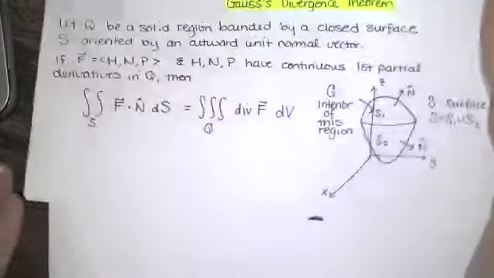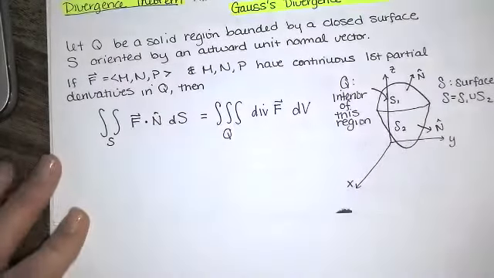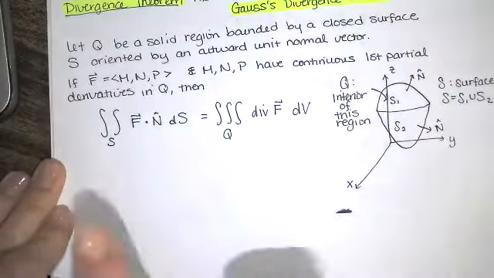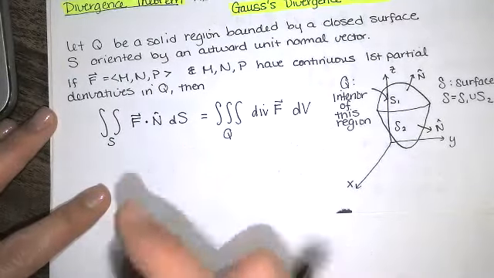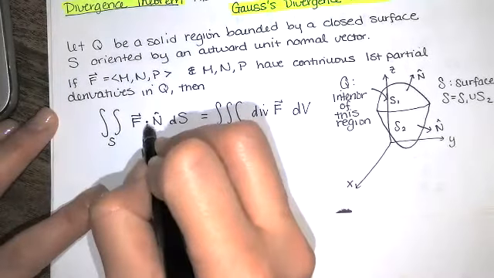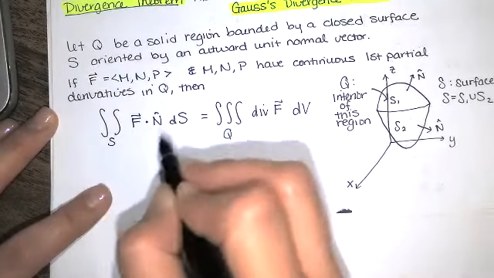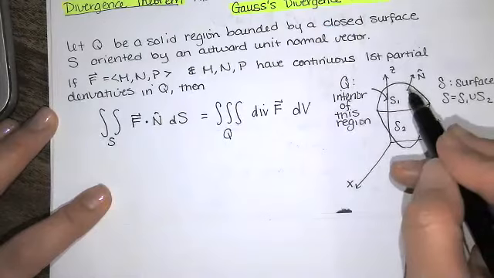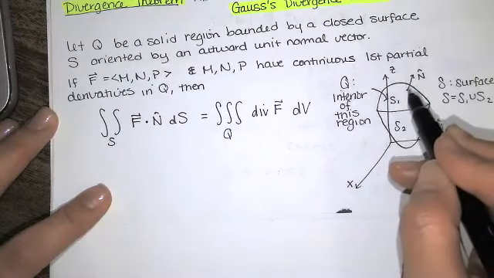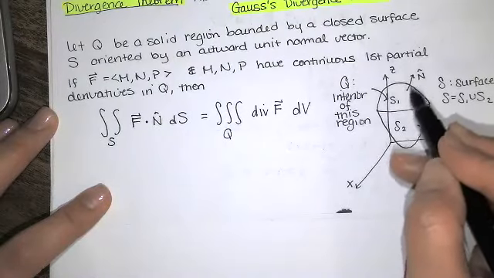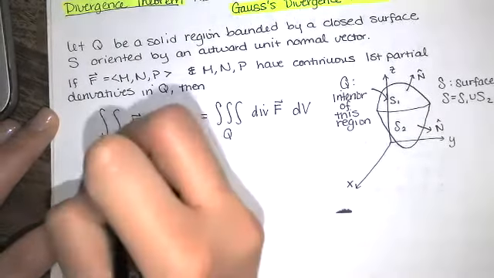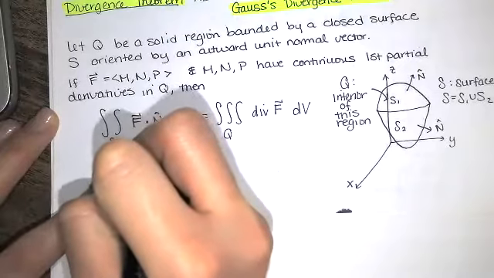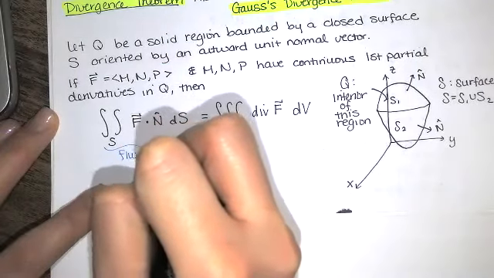This is still flux. But remember what flux represents in this context. This is the component of the velocity that's going out, the component of the velocity that's parallel to that outward unit normal. And then we multiply by a little area piece. So this is flux across the surface S.